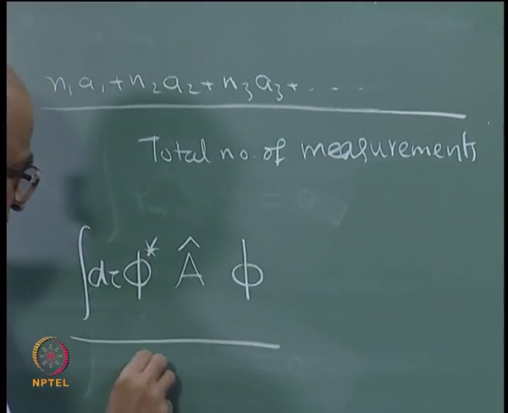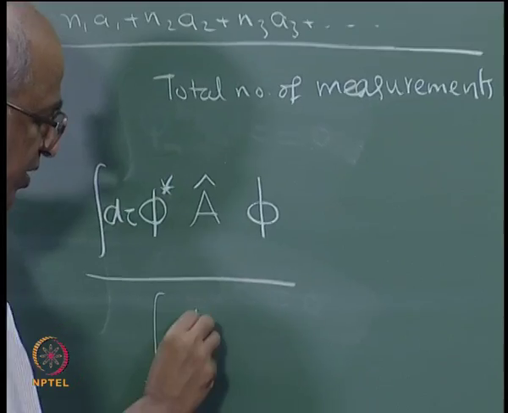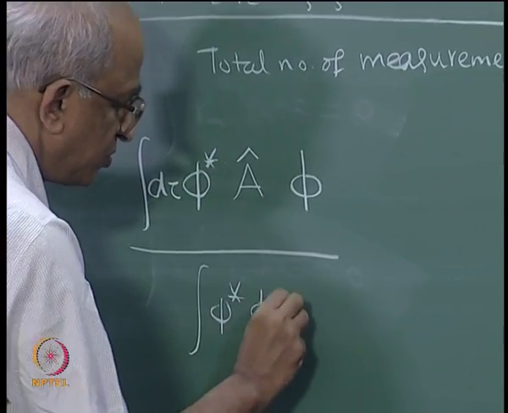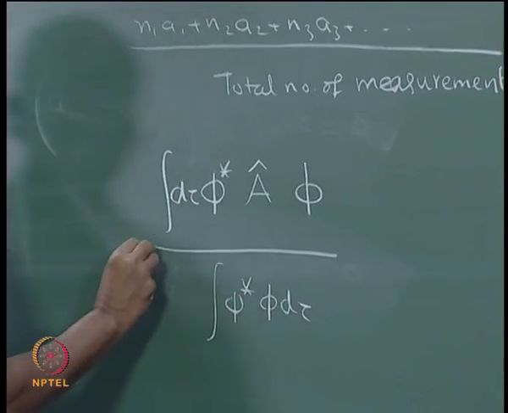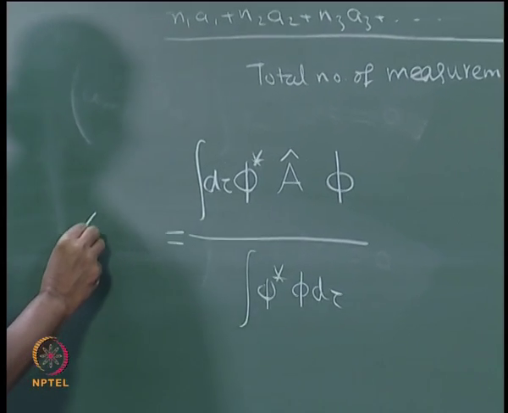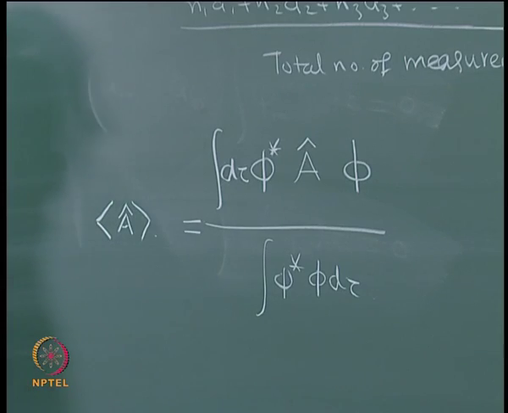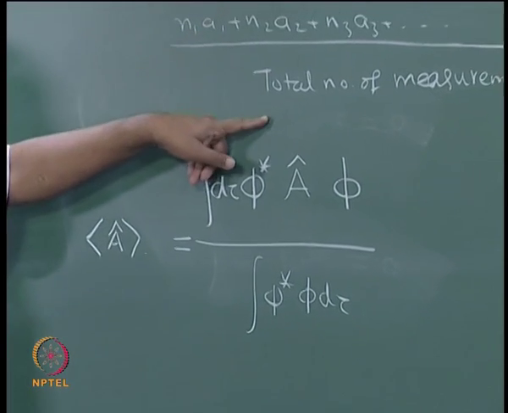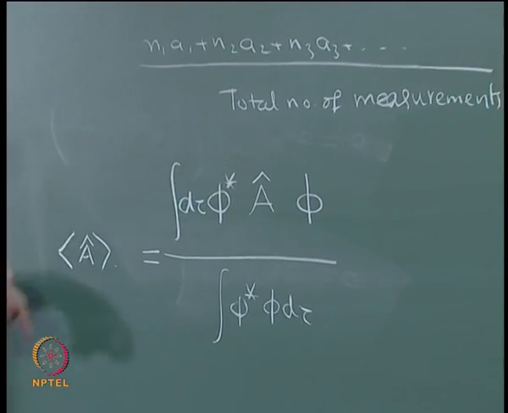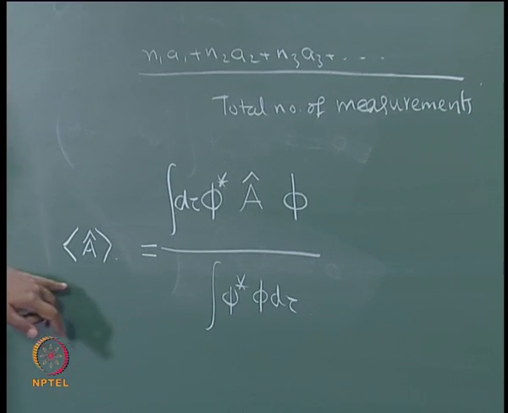If your function is not normalized, you will have to divide this by the integral of phi star phi d tau, and this is referred to as the expectation value of A. And this experimentally measured average is actually equal to this expectation value.